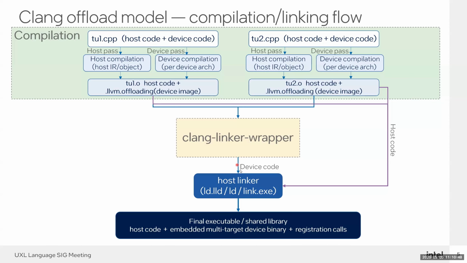So Clang linker wrapper eventually calls the host linker, and it links together the device code prepared by Clang linker wrapper with the host code produced by the compilation stage, and it all goes into the final executable or shared library.